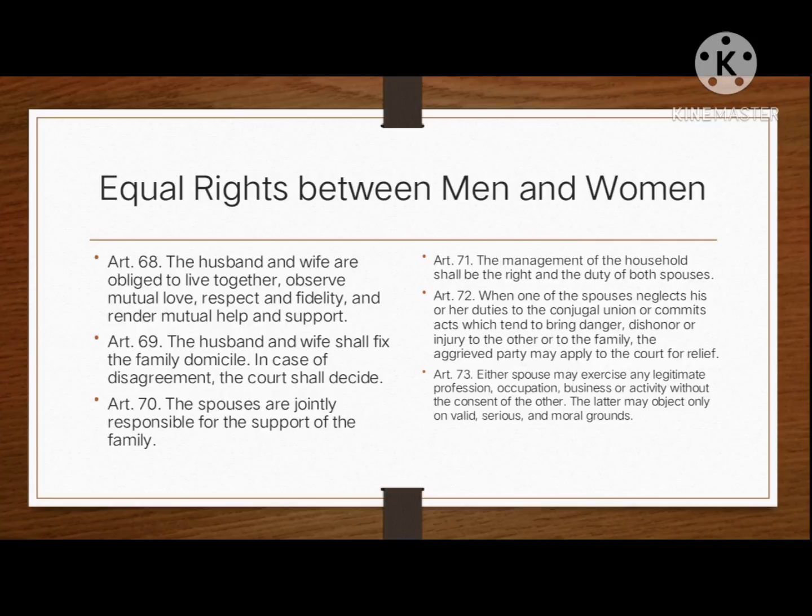So when it comes to expenses and support, the conjugal obligation shall be paid from the community property, since they have the conjugal properties listed in the community property. Expenses shall be charged against that community property. The management of the household shall be the right and the duty of both spouses.